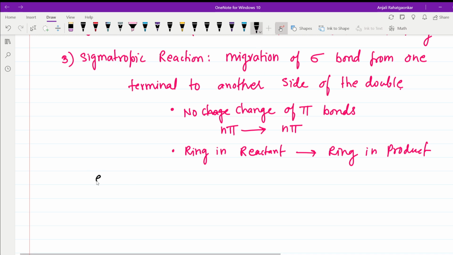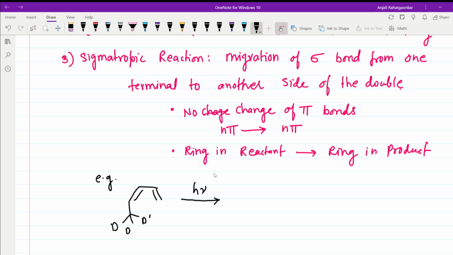Now this is an example. Here I am using this, alright, so this is a diene, and this is a deuterated methyl group I am attaching over here.